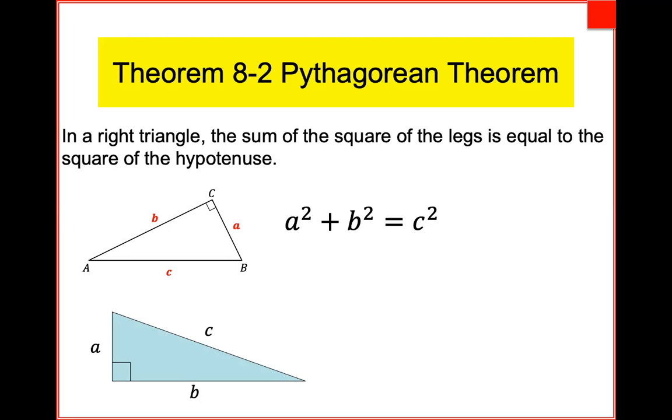It says, first off, you have to have a right triangle, but the sum of the squares of the two legs, A and B, is equal to the square of the hypotenuse.